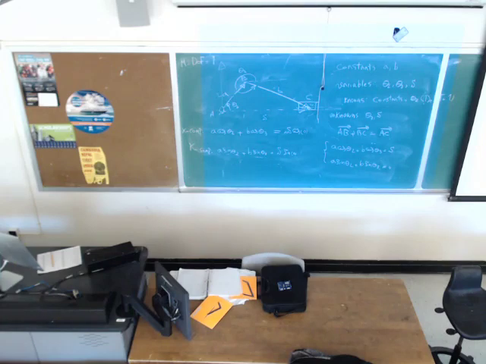We know that sine square of any angle plus cosine square of that angle is always equal to 1. Sine square plus cosine square equals 1.